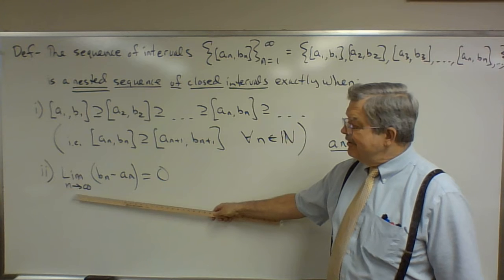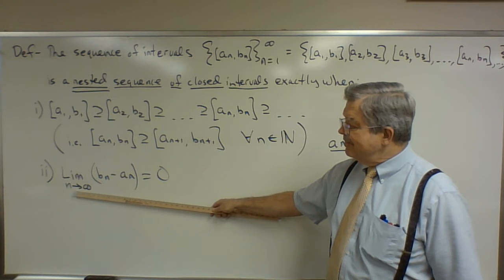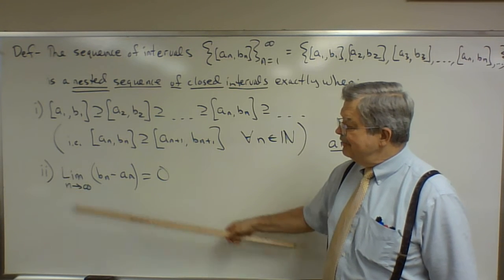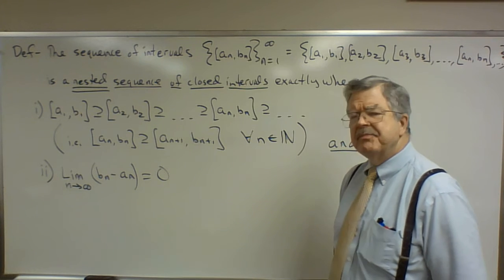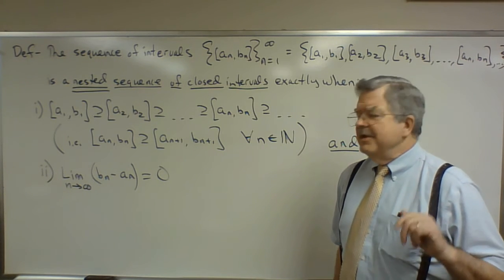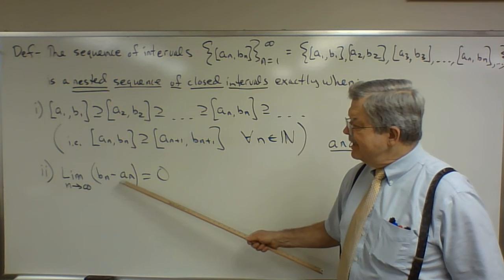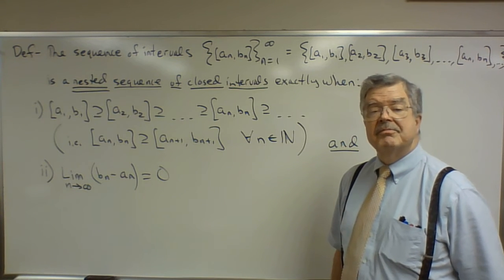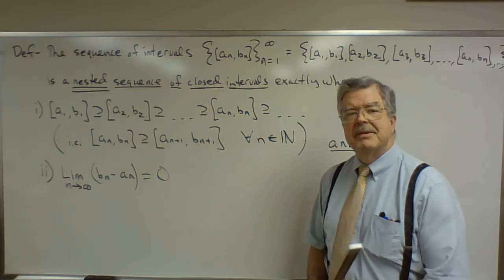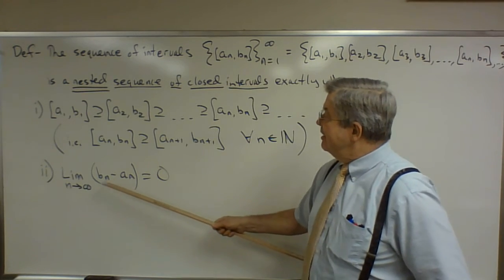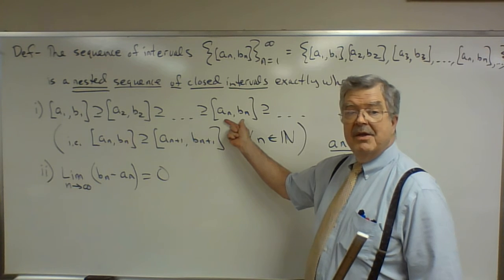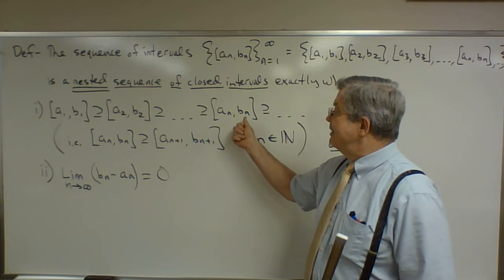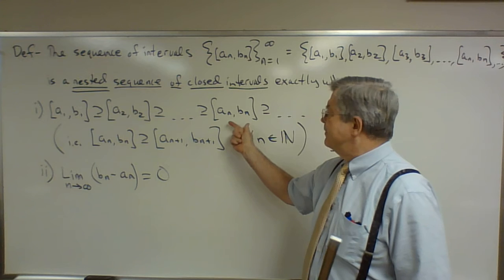The second criterion is that the limit as n goes to infinity of b sub n minus a sub n equals 0. And if we think about what b sub n minus a sub n represents, the significance will become obvious. Here's the nth interval with left endpoint a sub n, right endpoint b sub n.